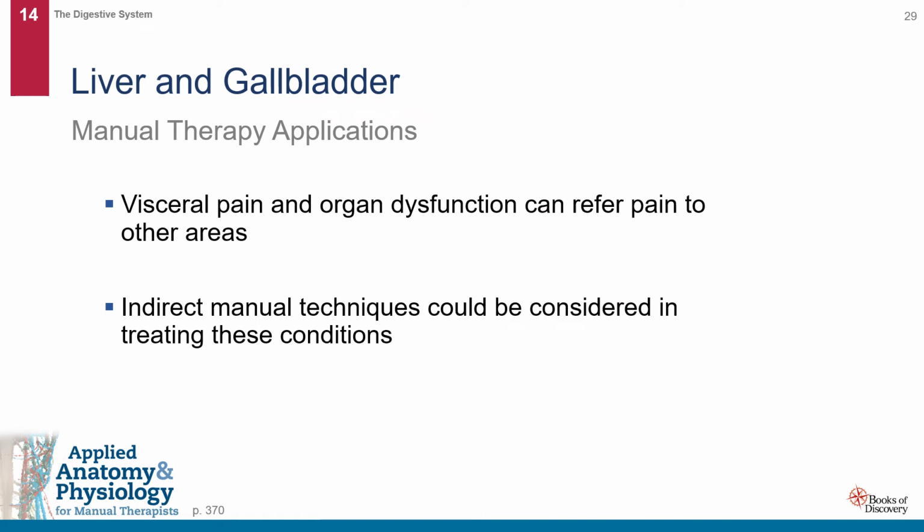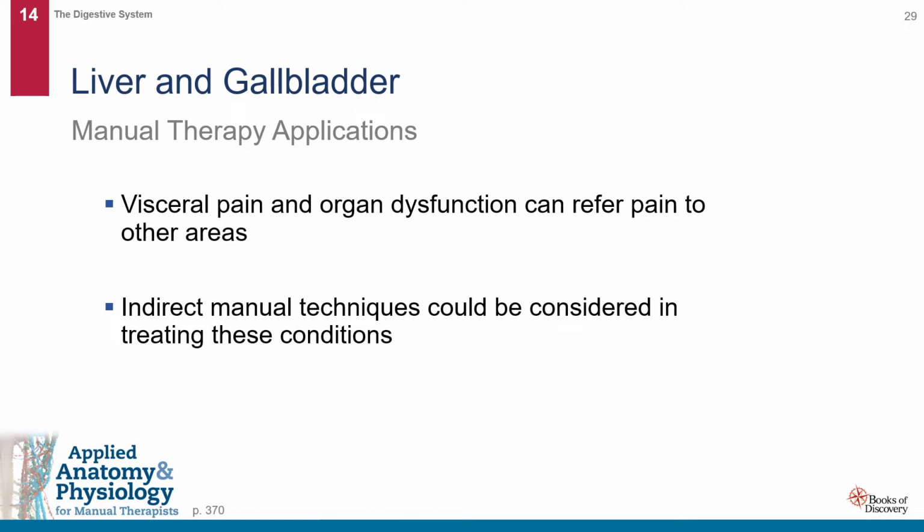Now let's consider the manual therapy applications with respect to the liver and gallbladder. It is important for manual therapists to remember that organ dysfunctions are a common source of referred pain. Right shoulder or neck pain may indicate liver or gallbladder dysfunction, and low back pain and hip pain is a common indicator of kidney disorders.